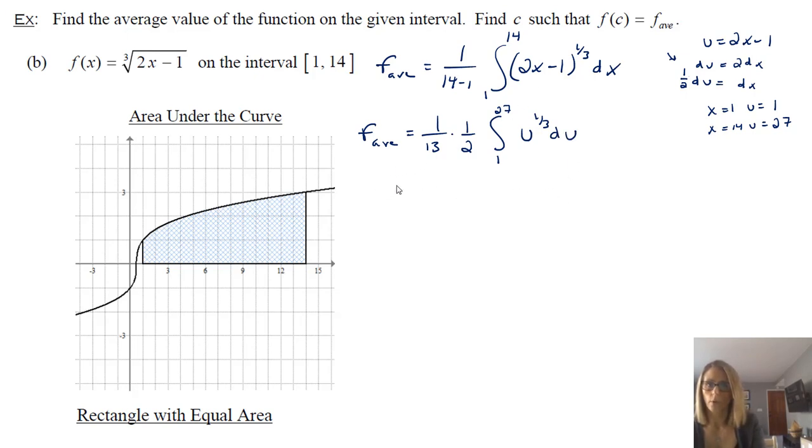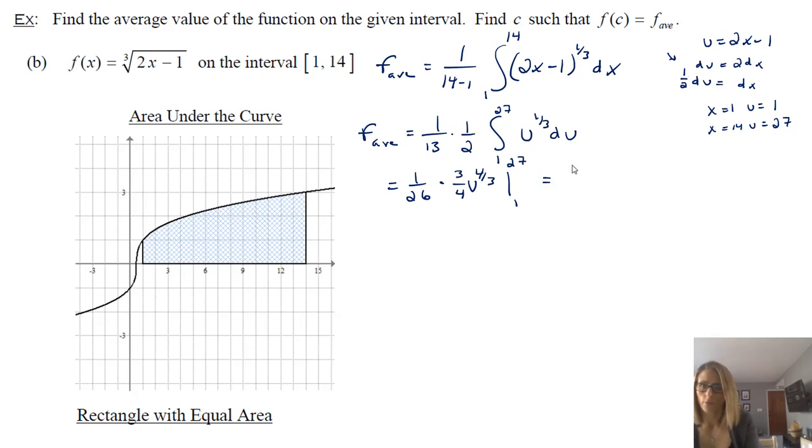So that will give us 1 over 26, and I can take my antiderivative at this point. We have u to the 4/3, and then dividing by that multiplies by 3/4, and we're evaluating that from 1 to 27.